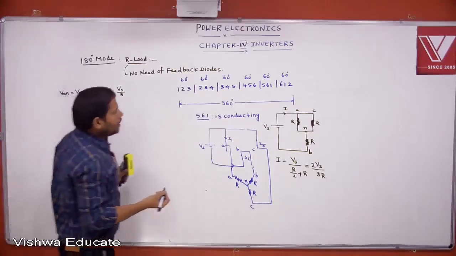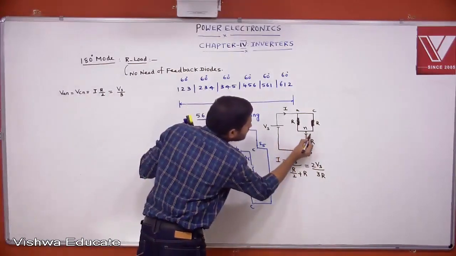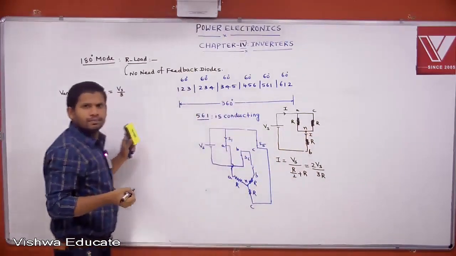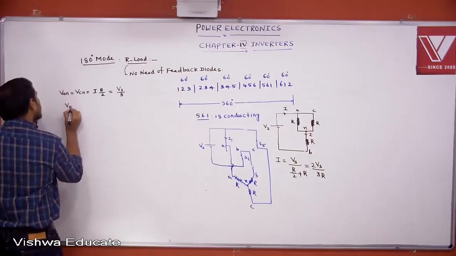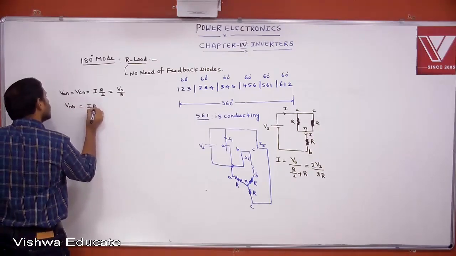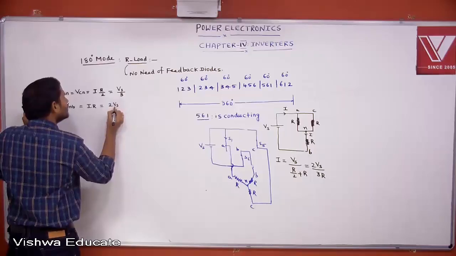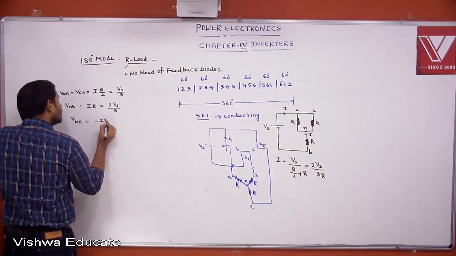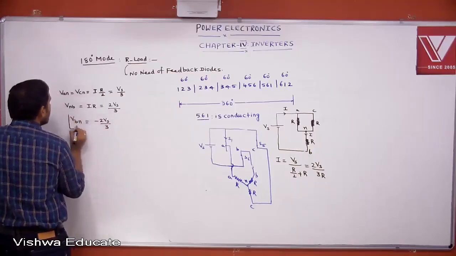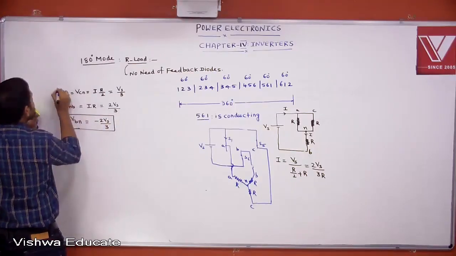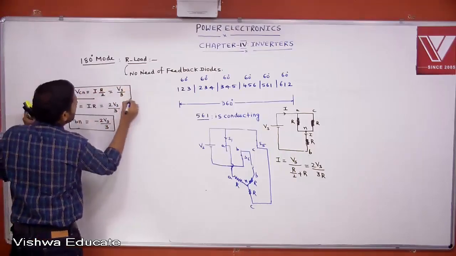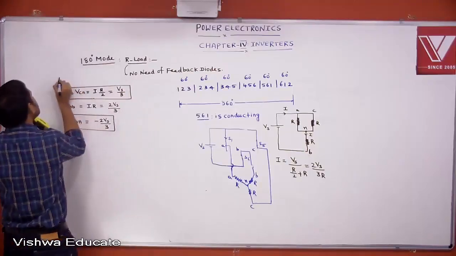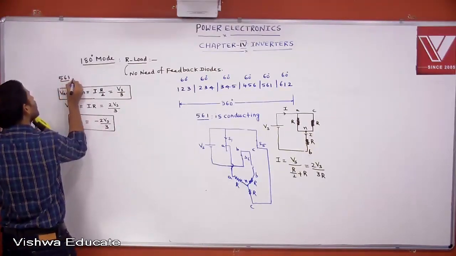Now, current enters at this node, which means we can define VNB. VNB equal to I into R, that equals 2 Vs by 3. But I want VBN. VBN equal to minus 2 Vs by 3. If 561 is conducting, these are the phase voltages.